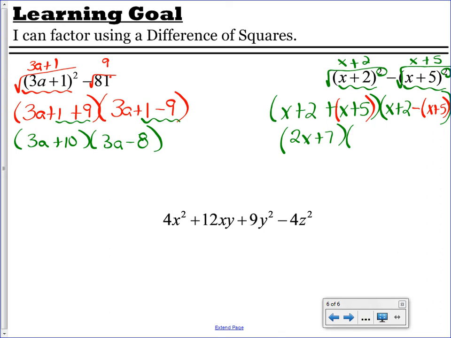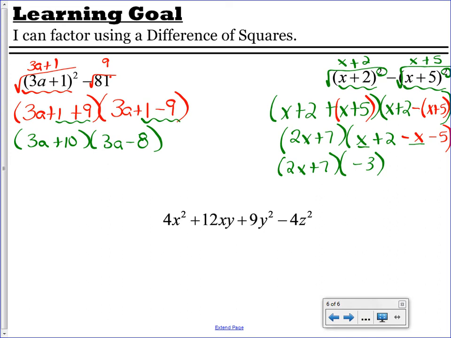The next one I'm going to expand: x plus 2 minus x minus 5. My x's here cancel out, so I'm left with just negative 3.